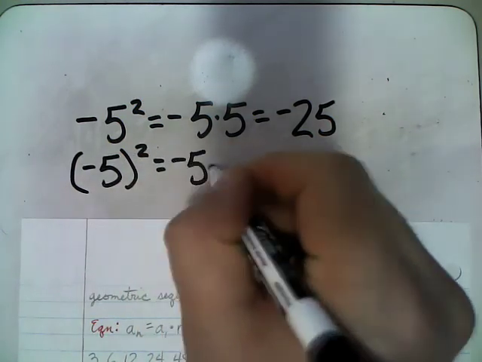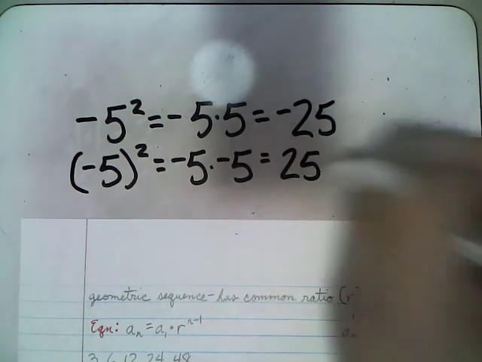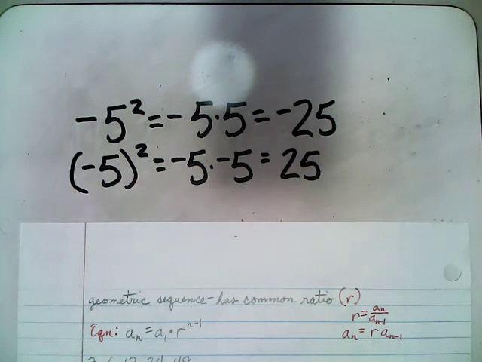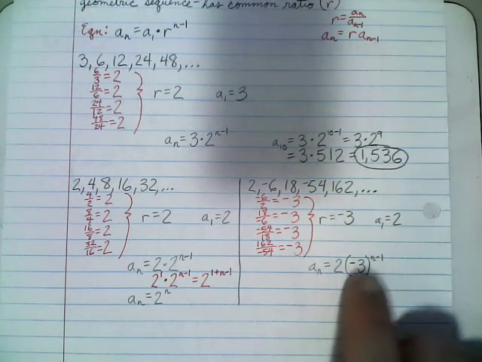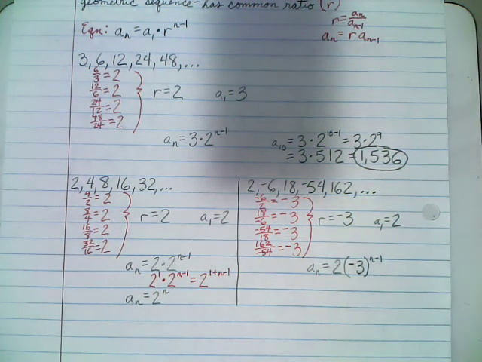So then this would be a negative 5 times itself, which would give us our positive 25. So just be aware of that. When r is negative, you will have to use parentheses around that negative r. And so that actually cannot be simplified nicely. We stop there. That's good.